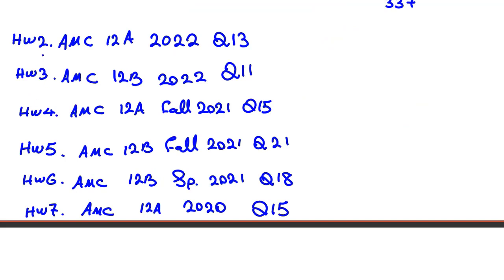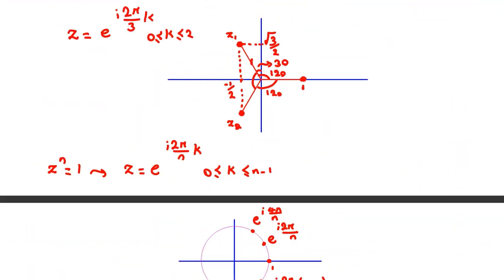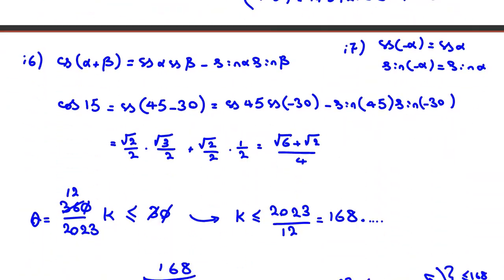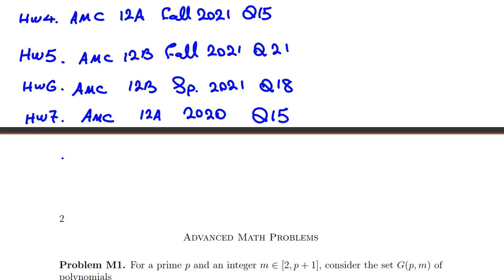You can also solve homework 2 to homework 7 from AMC problems; the ideas are similar. Polar form, complex numbers. So we worked on 7 ideas and 7 homeworks.